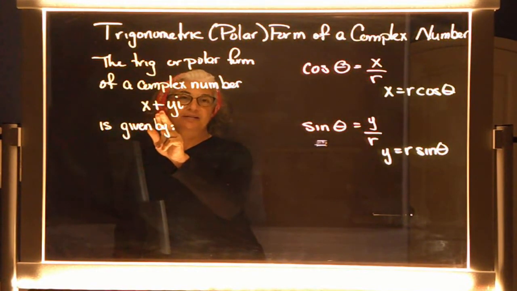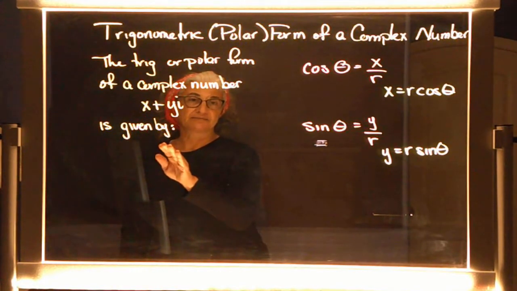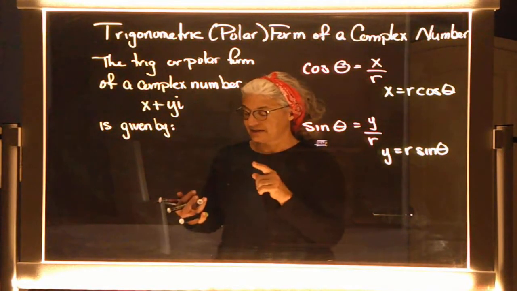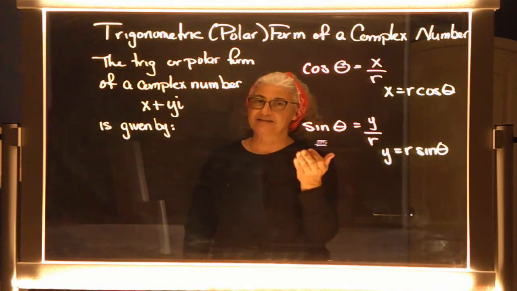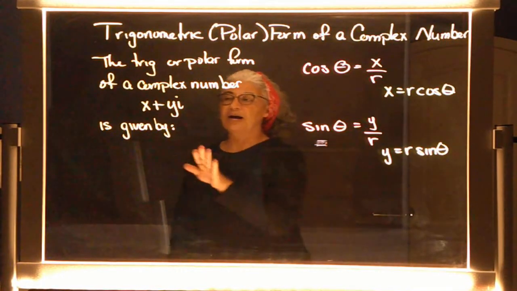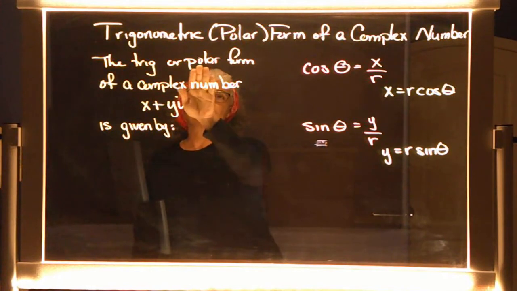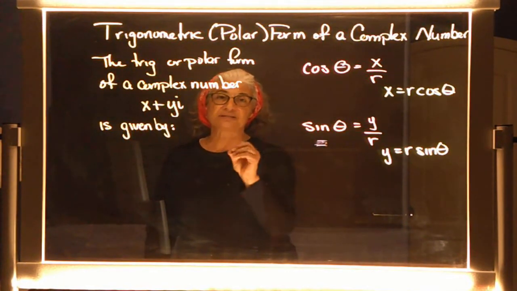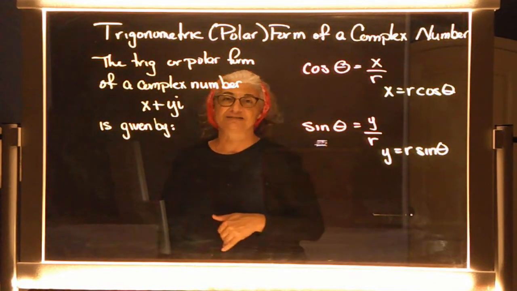This complex number, the polar form of it, can be given by... Now, remember, polar has the point r and theta, not x and y. So I need this rewritten. If I'm going to write it in polar form, I need x plus yi rewritten with an r and a theta in it.